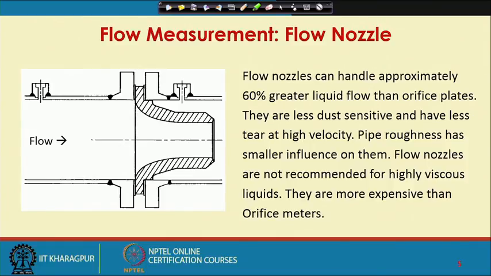The flow nozzles are less dust sensitive and have less wear at high velocity. Pipe roughness has smaller influence on them. Flow nozzles are not recommended for highly viscous liquids. They are more expensive than orifice meters.